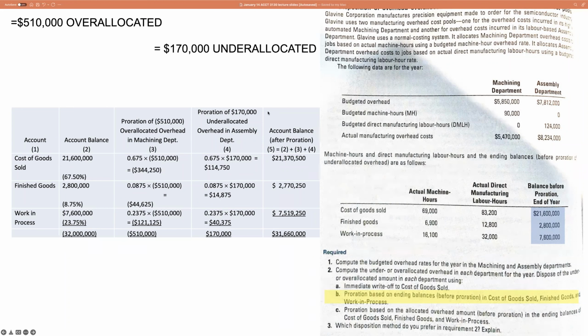And for the assembly, we were mentioning these numbers will increase the balance. So column 2 is the balance prior to the adjustment, number 3 is the adjustment from the machining, number 4 is from the assembly, and the balance after proration, the adjustment, is number 5. You just add these. Is that clear?